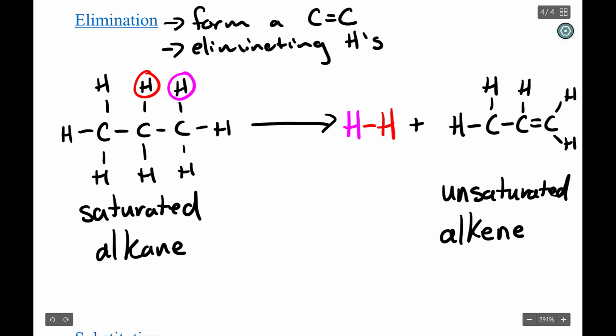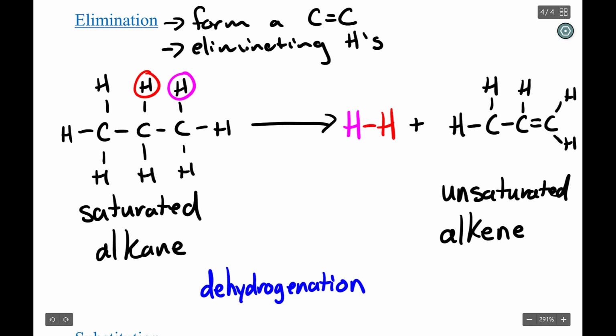So again, when we remove the hydrogen like this, it is called an elimination reaction. We are eliminating hydrogen. We are forming a multiple bond, an unsaturated compound. Now, the name for this specific one is actually called dehydrogenation.